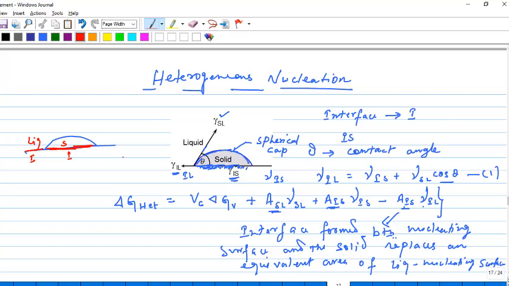Now, considering the geometry of this, if you just do a simple geometrical analysis here, you would come across this particular expression for the free energy change.